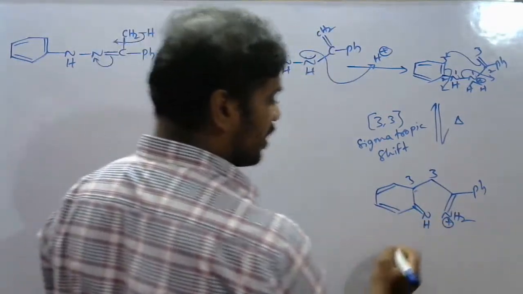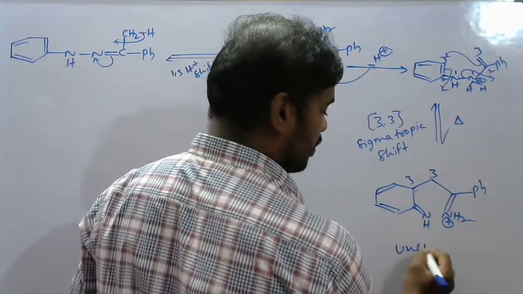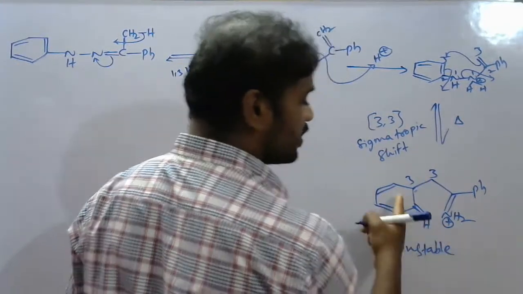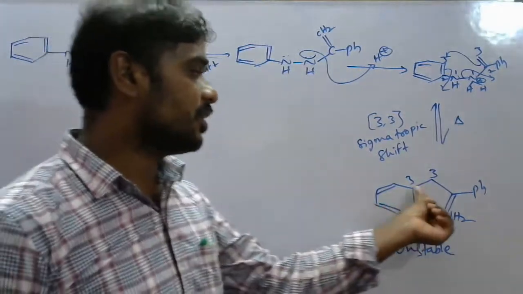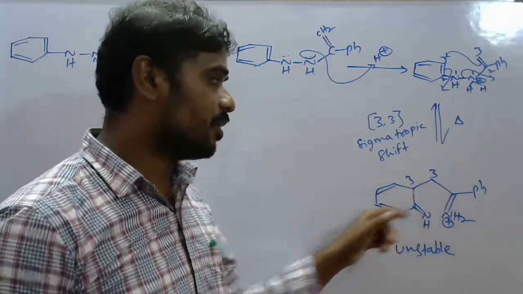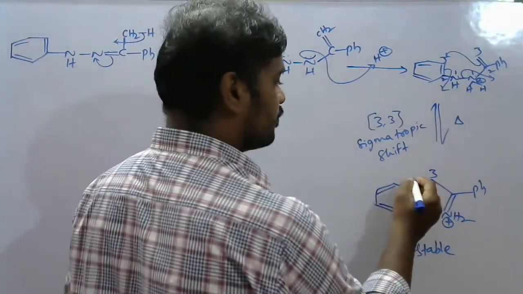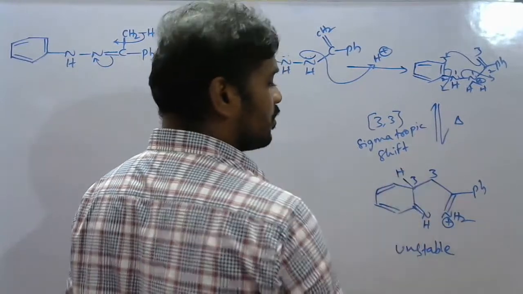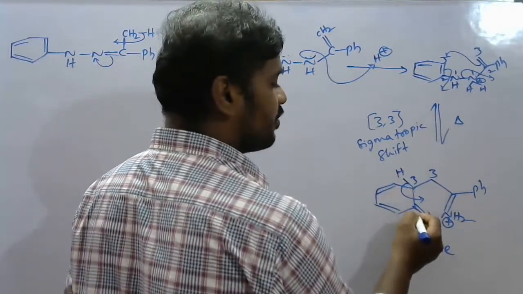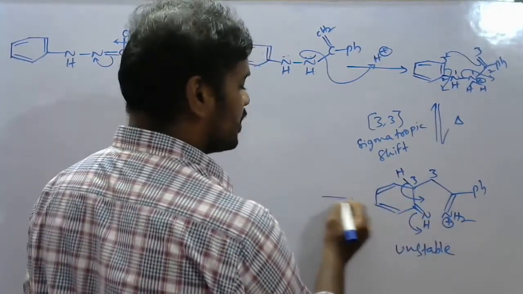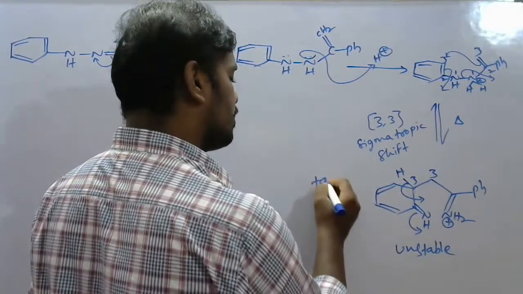So this is unstable because this ring system has lost aromaticity. This is an sp3 carbon. So then what happened? The bonding electrons shift. This is migration. That is a tautomerization.